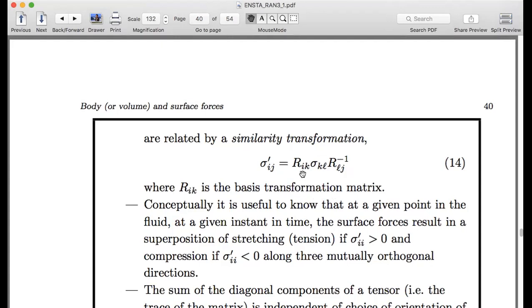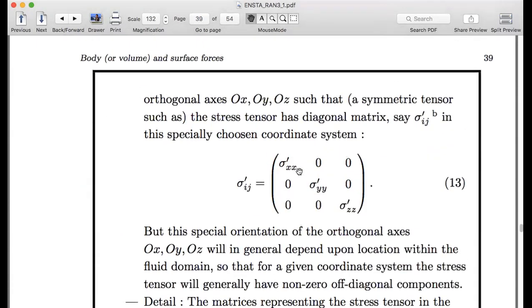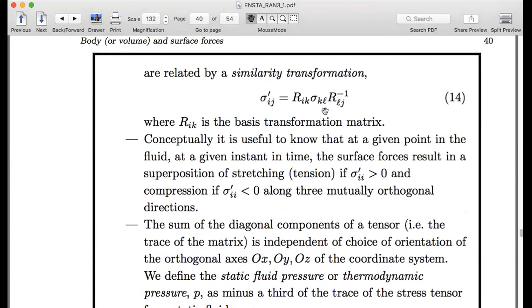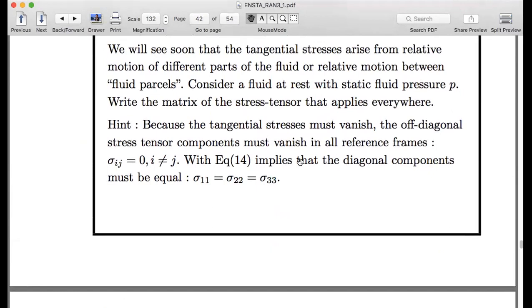No matter what basis transformation you do, if the diagonal terms are all just one number, if sigma prime XX equals sigma prime YY equals sigma prime ZZ, then you can apply any transformation and it'll always be 0 on the off-diagonal. So that's the hint I'm giving you here.